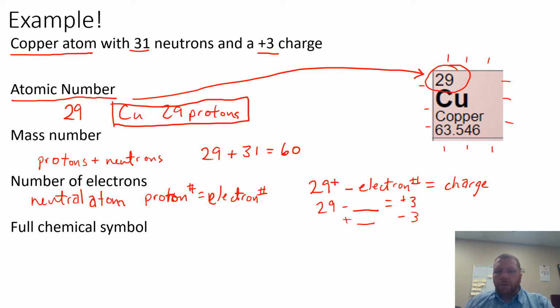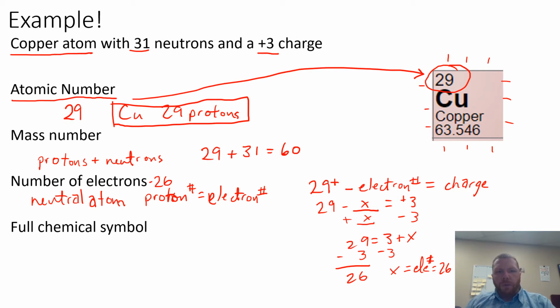You can put the electron number as x, add x to each side, so 29 equals 3 plus x. Minus 3. I know I kind of jumped a step there. 29 minus 3 equals 26. So x is our number of electrons, which is 26. So we have a total number of 26 electrons here.